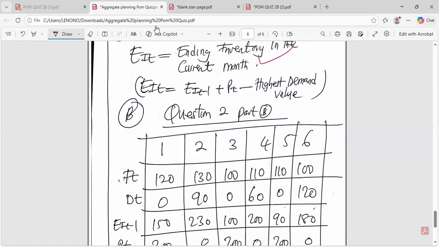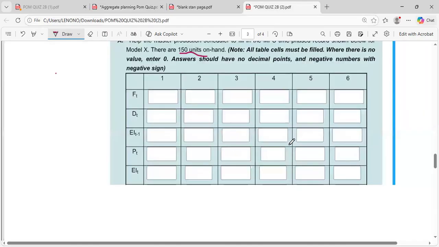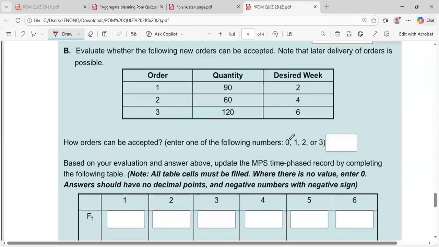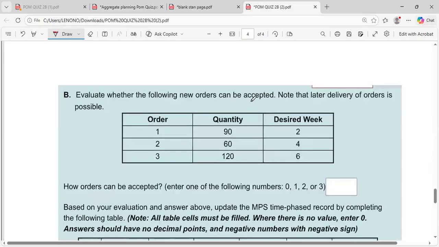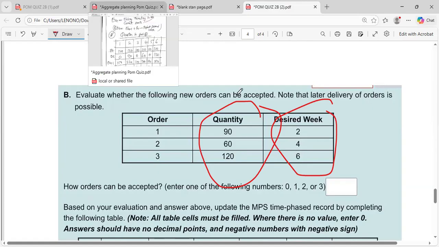So part B, they just introduced one thing here that they incorporated: these quantities in these months or these weeks. It's just the same thing we are doing. So 90, 60, and 120. These were supposed to be given in week 2.